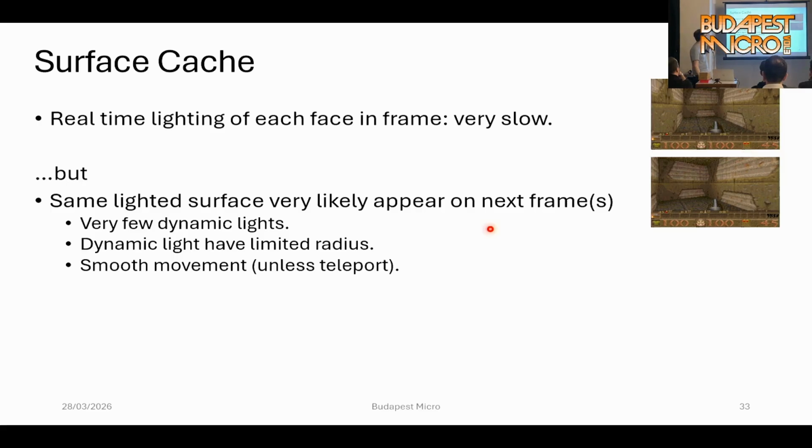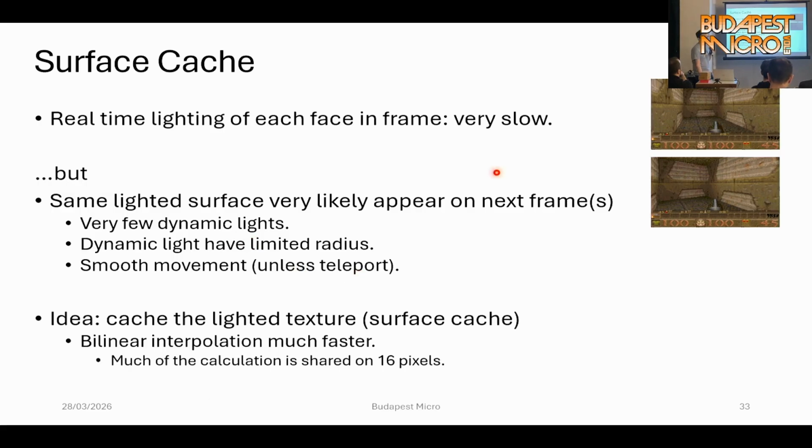Also, dynamic lights, which would require the recalculation of the lighted surface, are very limited in radius and very few per frame. So the idea is to put all these pre-lighted textures in a surface cache, and this also really improves the bilinear interpolation needed to have the smooth lighting.